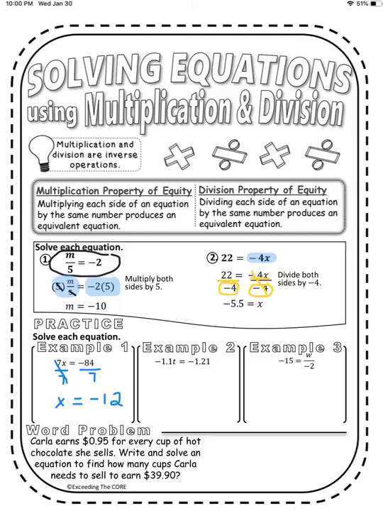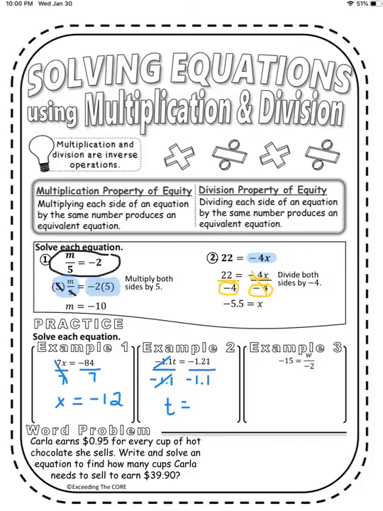Example number 2. This is a multiplication equation. They're multiplying t by -1.1. So we're going to divide both sides of the equation by -1.1. Okay? The 1.1's on the left side cancel out. t is now by itself.